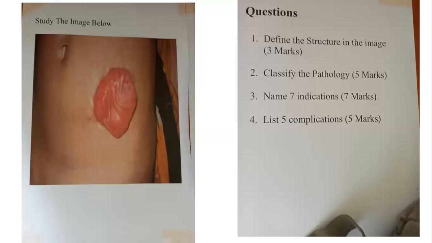Also, once there's a severe injury to the anorectal region, one may do a colostomy to allow healing to take place. Also, once there's a distal tumor, one can do a colostomy to decompress also. These are some of the indications for a colostomy.